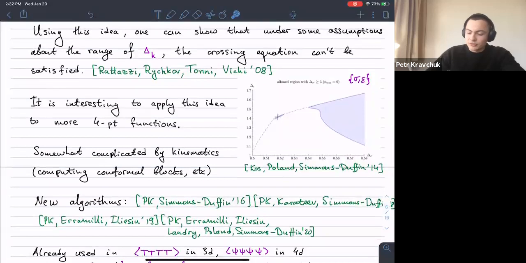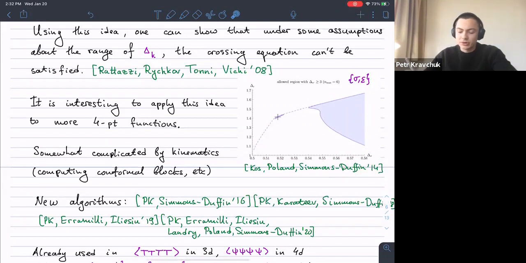In particular, this is a bit more complicated setup, but if you follow this logic for all correlation functions involving sigma and epsilon, all 4-point functions, then you can prove the following statement. If you plot the delta sigma, delta epsilon plane, you can find these domains, depicted in blue here.